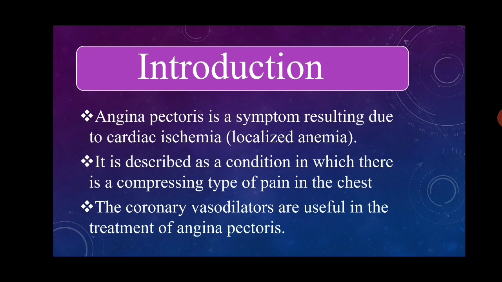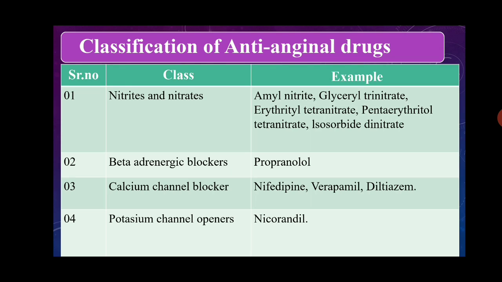See the next slide, classification of anti-anginal drugs. There are four classes of anti-anginal drugs for the treatment of angina pectoris. The first class is nitrites and nitrates.